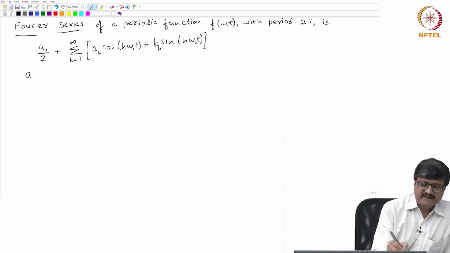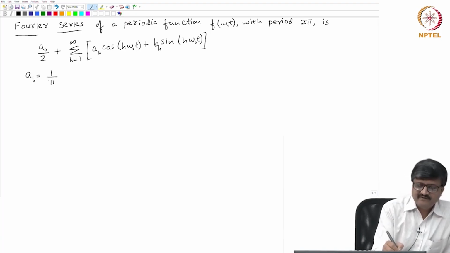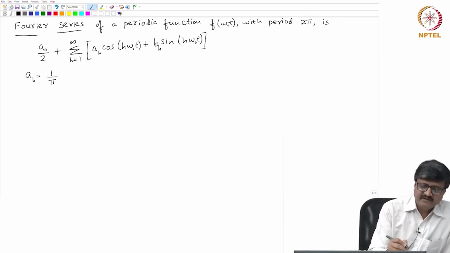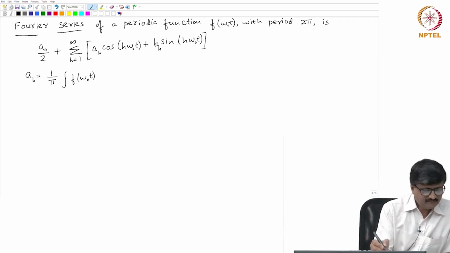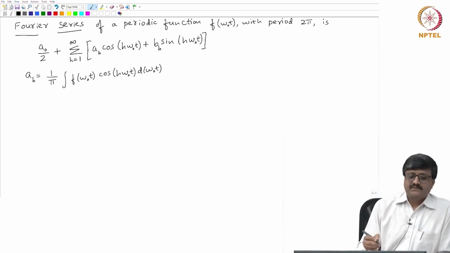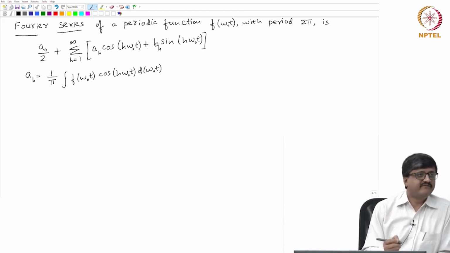So, if I take AH, the result is like this: AH can be obtained from the given periodic function f of omega ot. It is 1 by pi integral of f of omega ot into cos h omega ot with respect to omega ot. So, I have to integrate over one period.